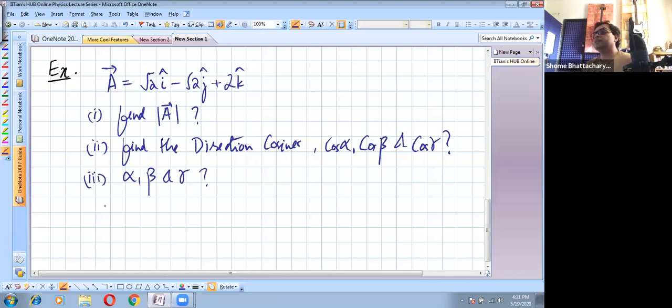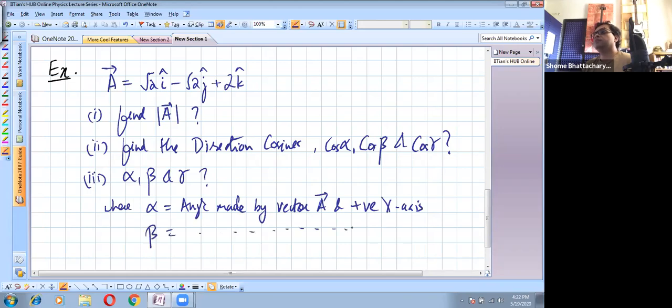Where the meaning is standard, where we understand that alpha is the angle made by vector E and the positive x-axis. Similarly, beta is the angle made between this and the positive y-axis. And similarly for gamma, the positive z-axis. Right?